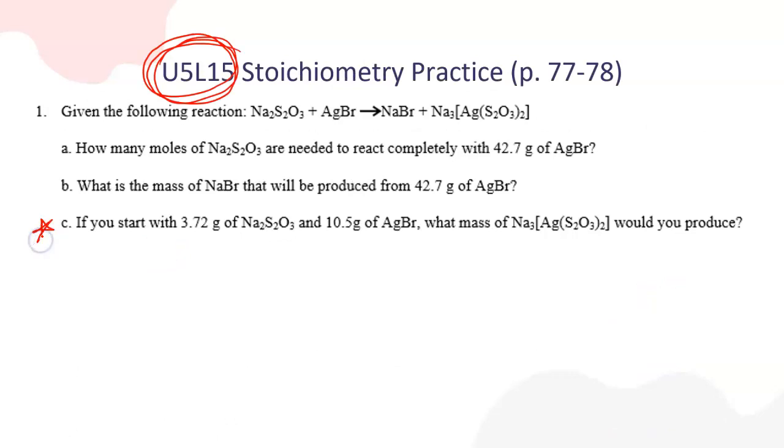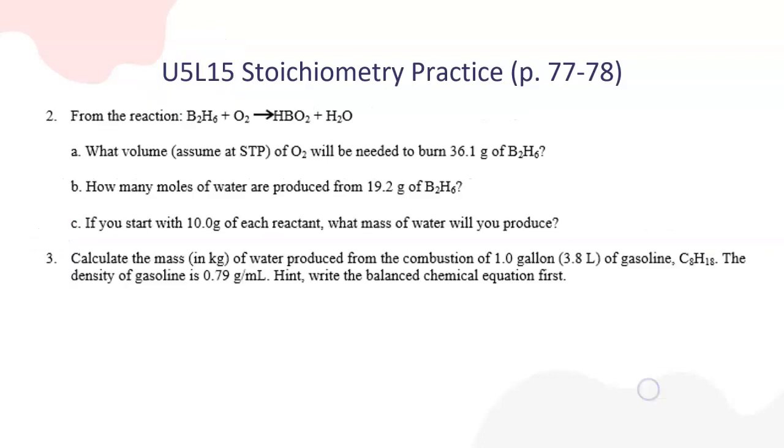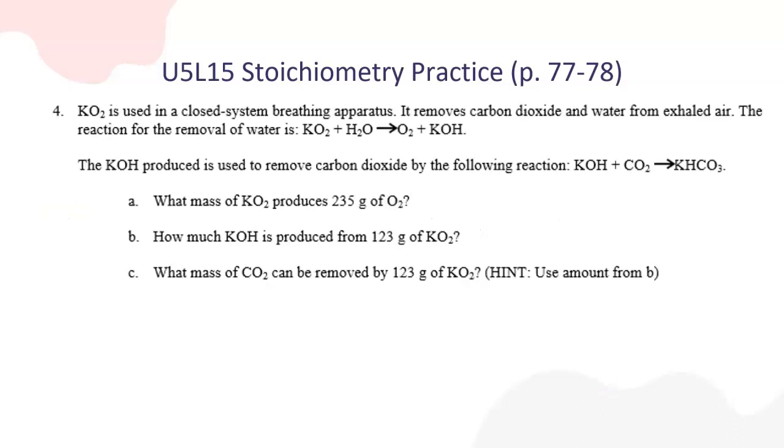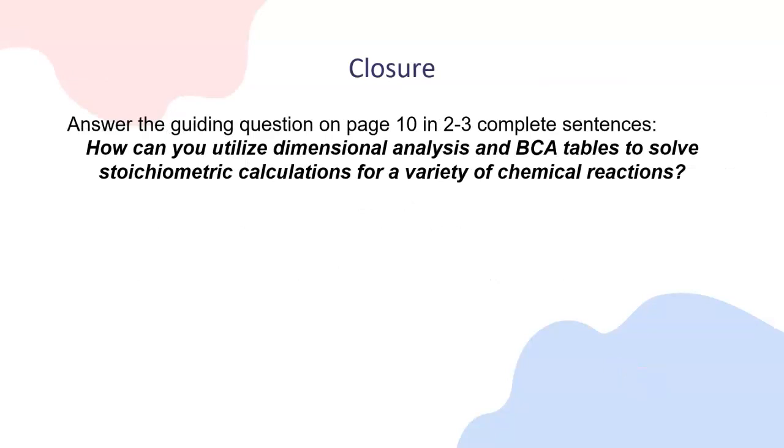This one is a little extra tricky, so be careful with it. It will probably be done together, so leave some space for it. This one is also tricky. And for 4, you will want to use a BCA table, and this should actually be page 75. I forgot to update that.